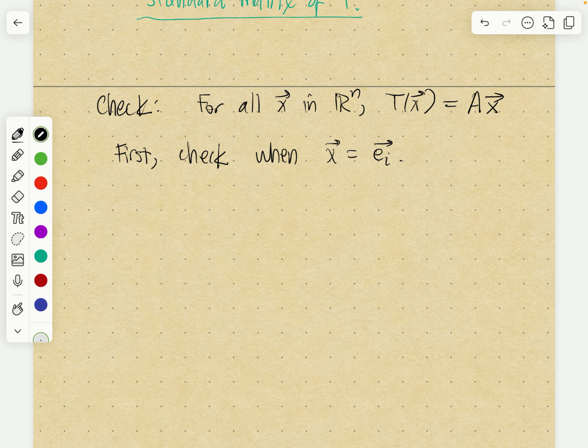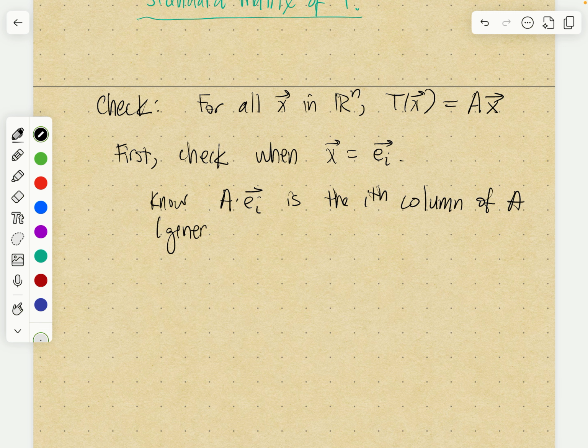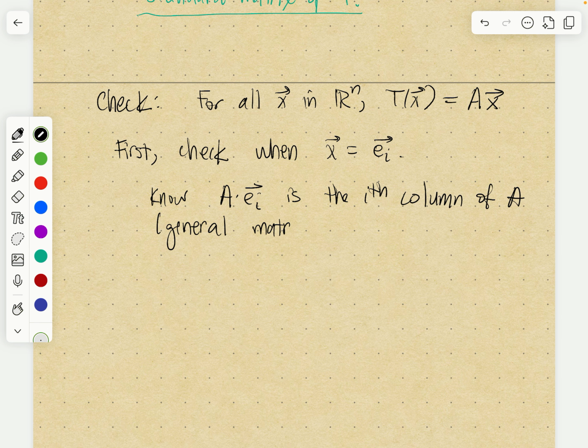Is T of e_i equal to A times e_i? Well, we know that A times e_i in general is the ith column of A.